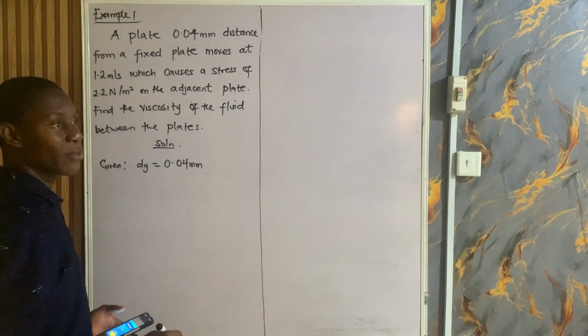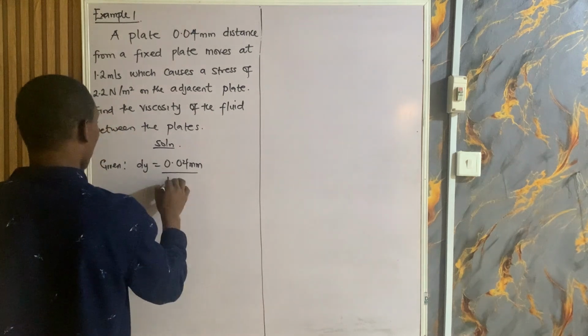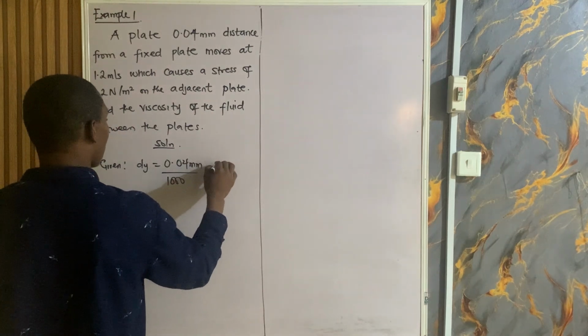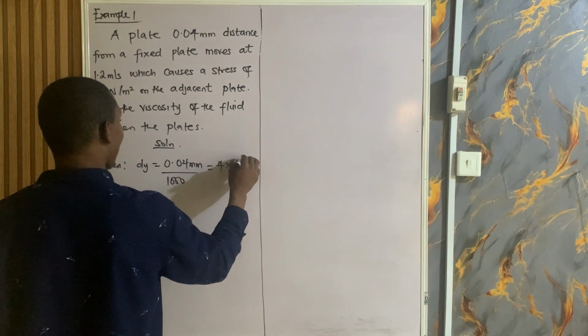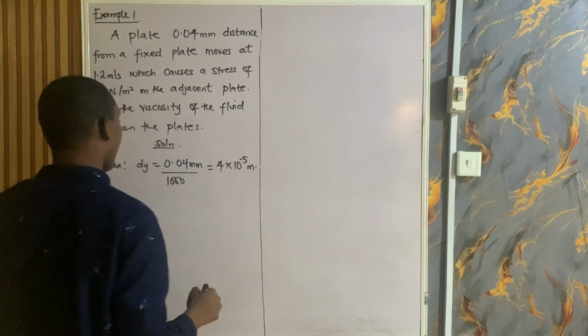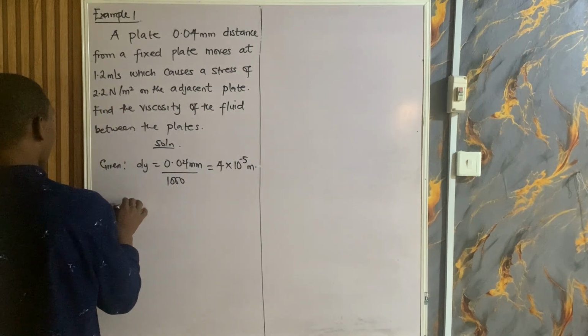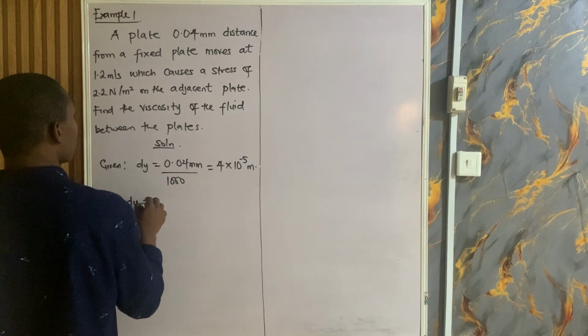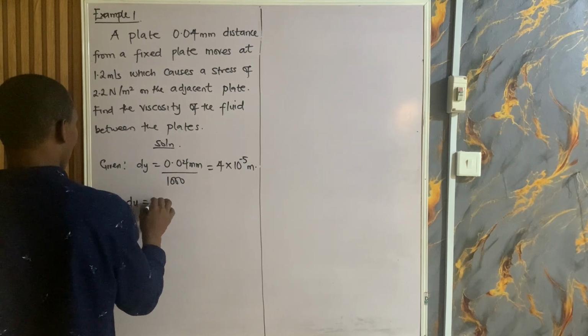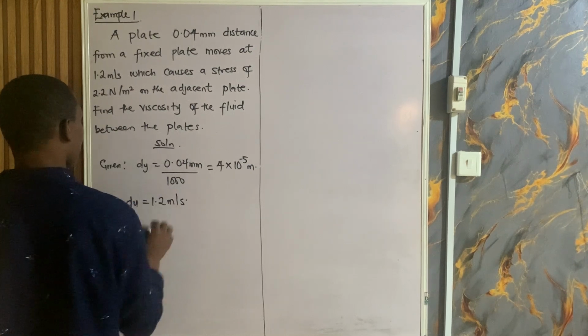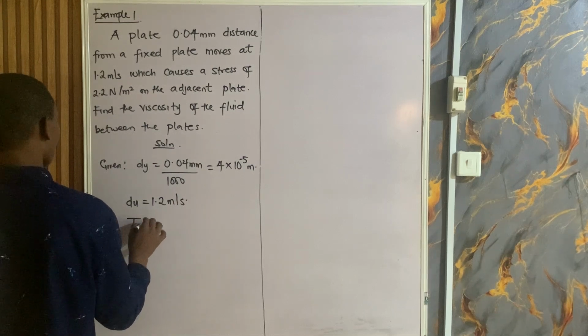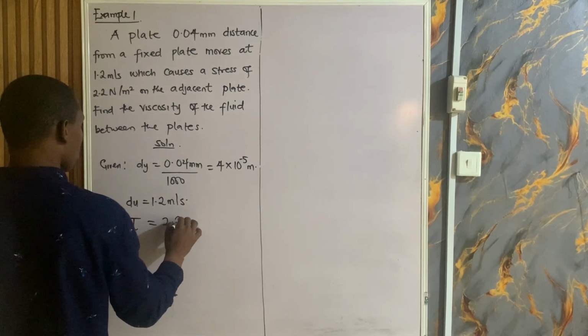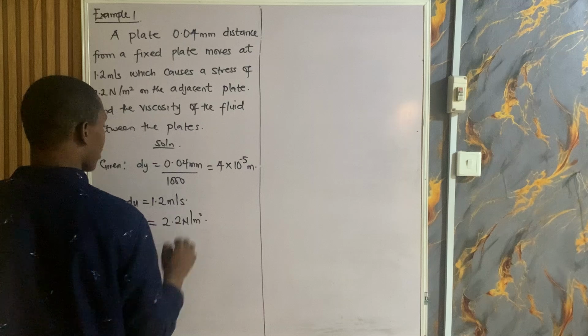We have to convert to SI unit now, so divide by 1000, and that will be 4 times 10 raised to power minus 5 meter. Again, we have our velocity, which is 1.2 meter per second, and then we have our shear stress, 2.2 Newton per meter square.